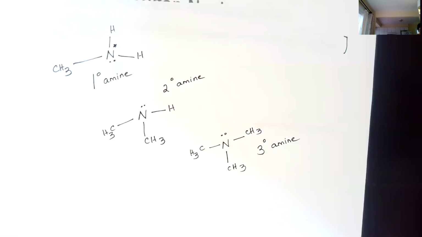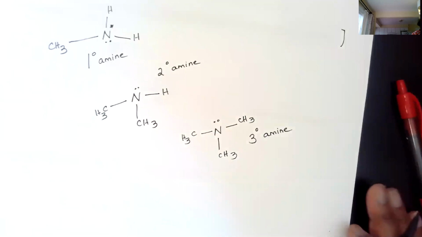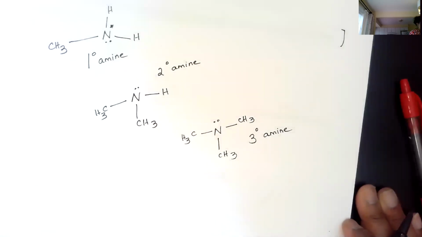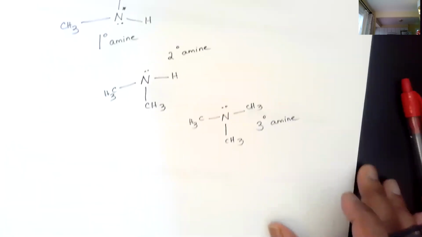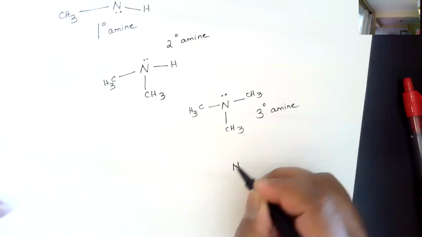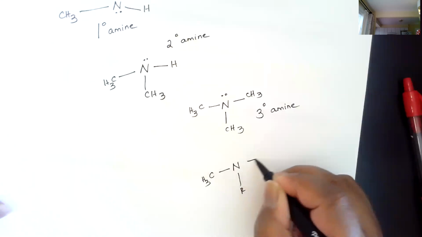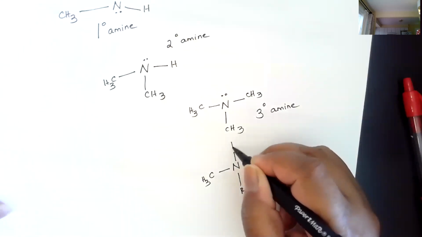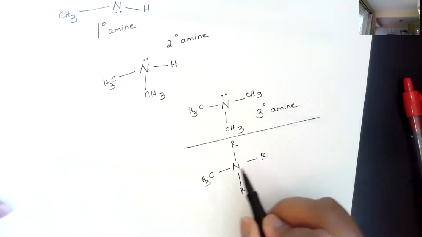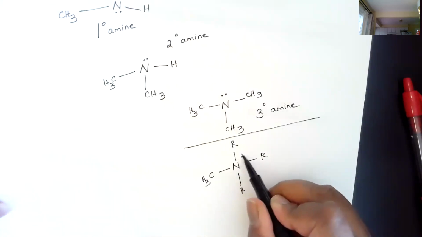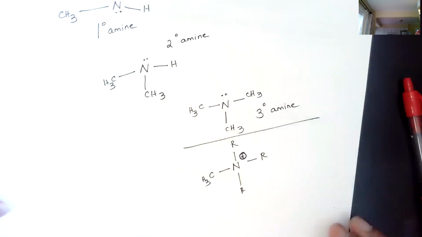So you need to know how to classify carbon compounds as primary, secondary, and tertiary, and also know how to classify nitrogen compounds as primary, secondary, and tertiary. And then you'll have one more. Let me make these R groups. You can have another R group. And what happens? Nitrogen loses its lone pair.